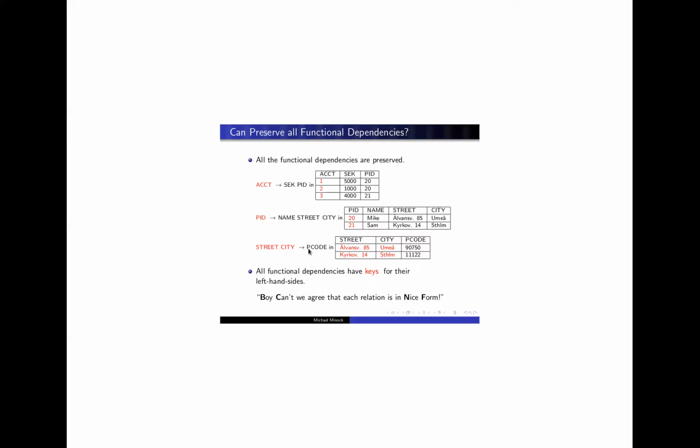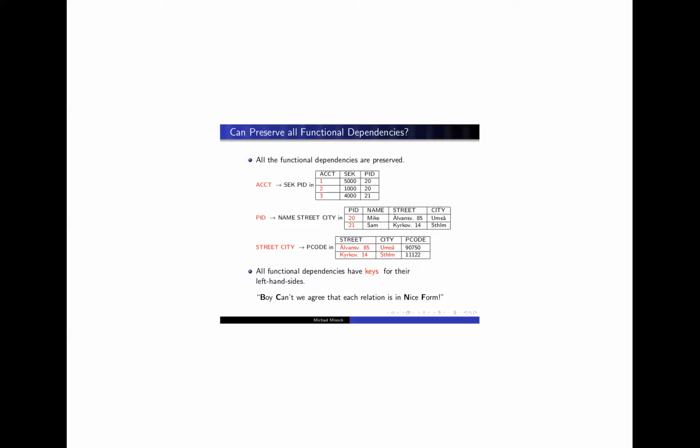As you can see, each of the tables it was broken up into holds one of these functional dependencies, and they don't live in any other tables. So they can be enforced over those tables. So we're basically preserving the functional dependencies that we had. They're being preserved in this decomposition.